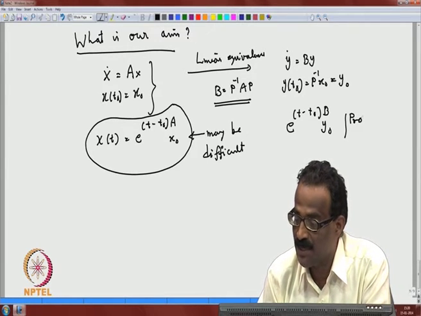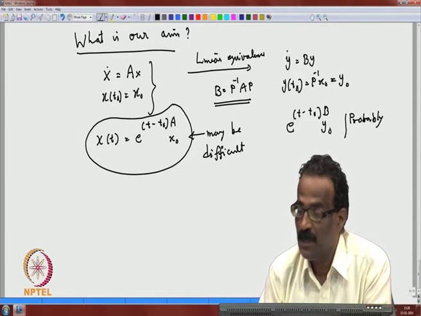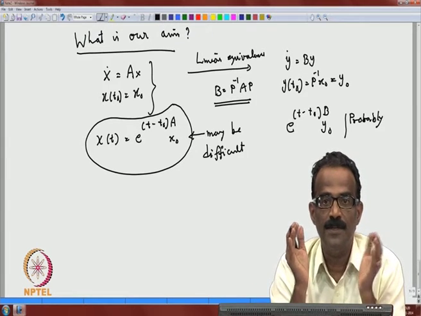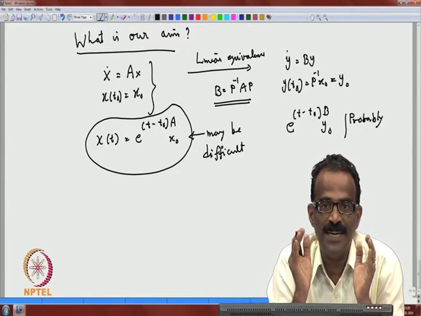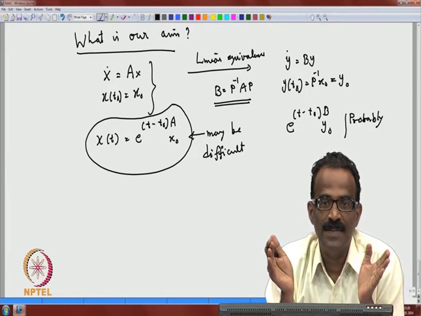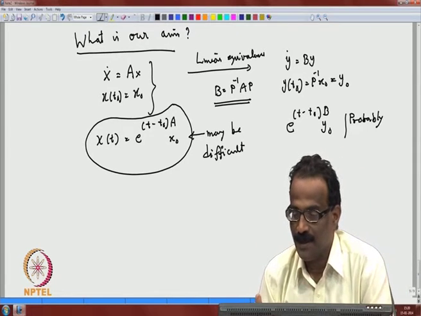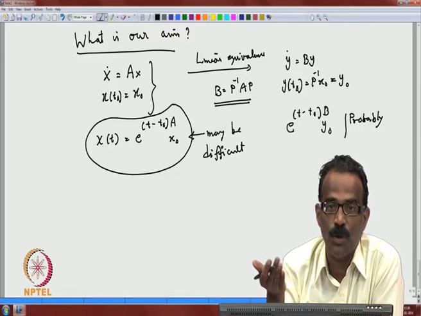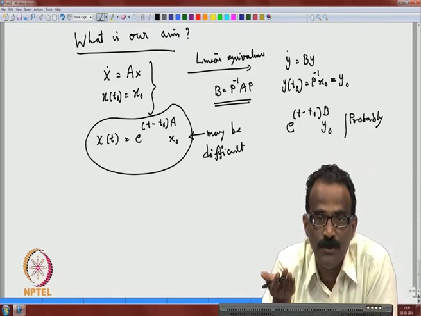This is the situation we are looking at. So the question is: is it possible to find a linear equivalence so that the solution to y dot equal to By is easy to compute?